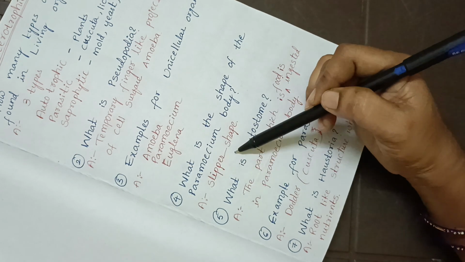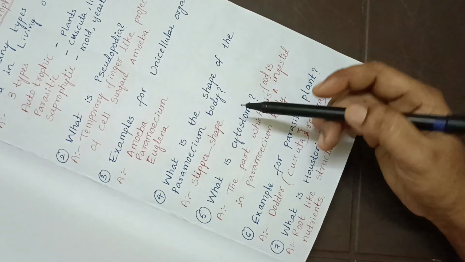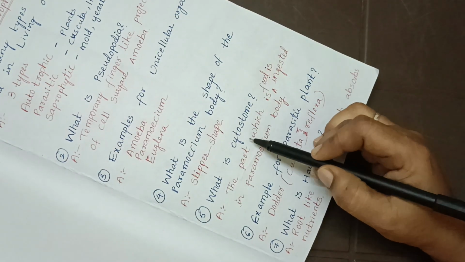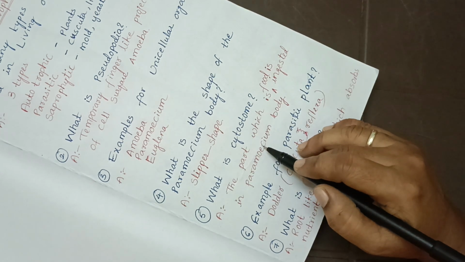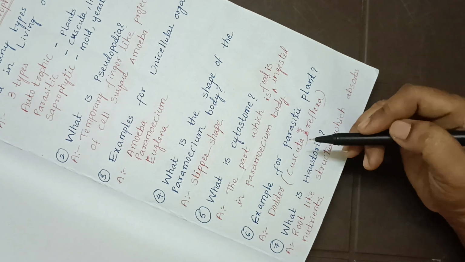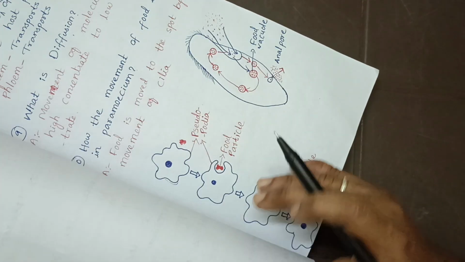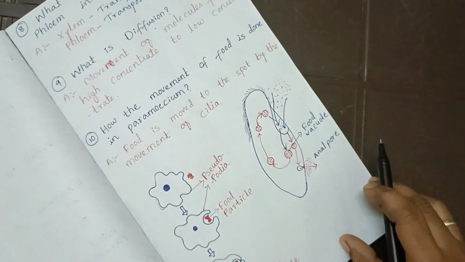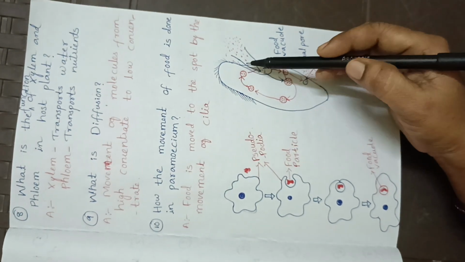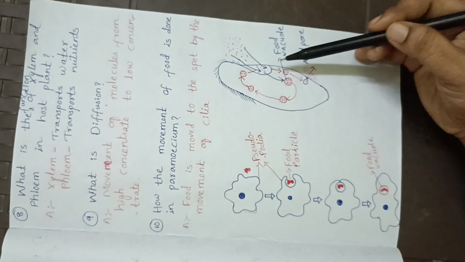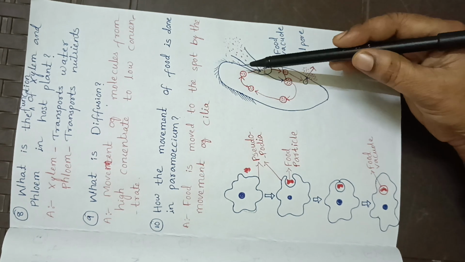Fourth question is, what is the shape of the paramecium body? It has a slipper shape. What is the cytostome? The cytostome is present in the paramecium body, which is helpful for ingestion of the food. Okay, I will show the diagram here. See, this is the body of paramecium, a slipper-shaped structure.